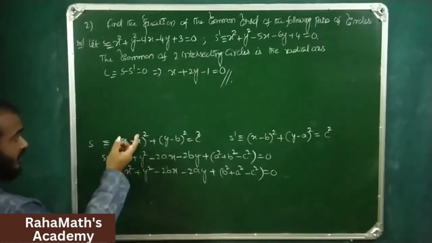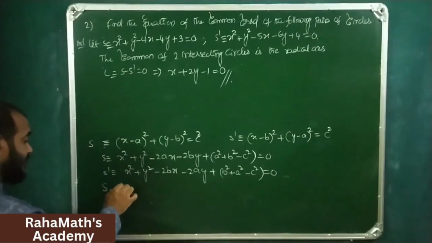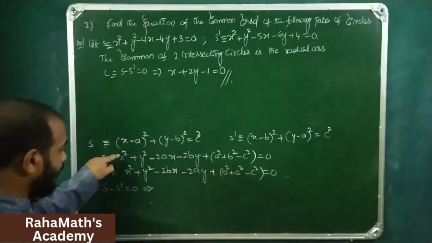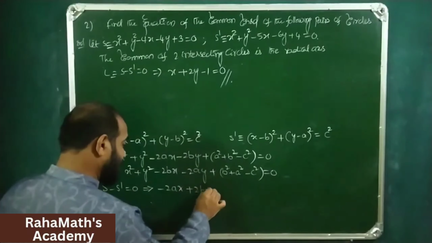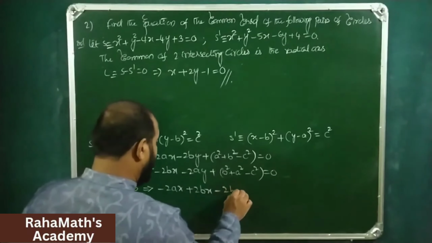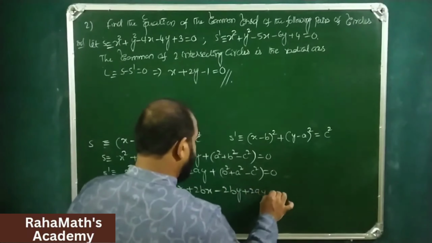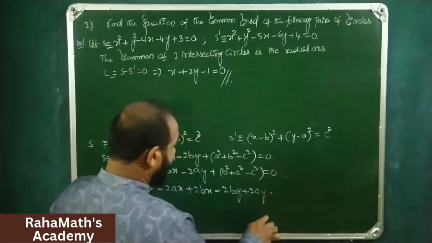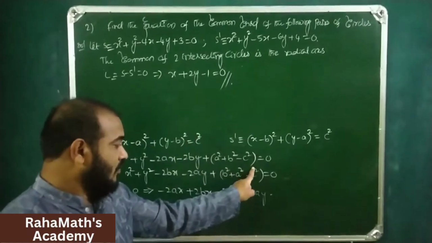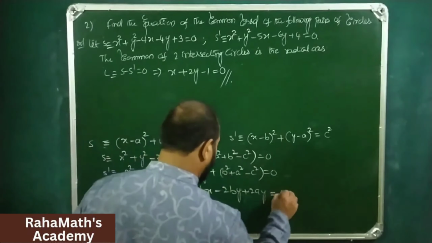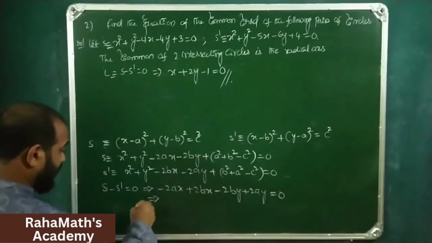The radical, the common chord, is S minus S dash equals to 0. X square plus y square minus x square plus y square gets cancelled. So minus 2ax, and minus of minus is plus 2bx, minus 2by, minus of minus is plus 2ay, plus a square plus b square minus c square minus b square plus a square, these two get cancelled, equals to 0.